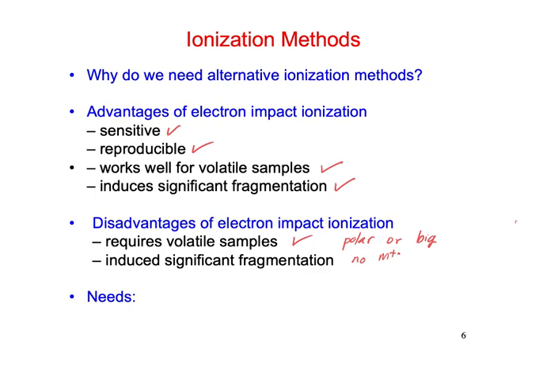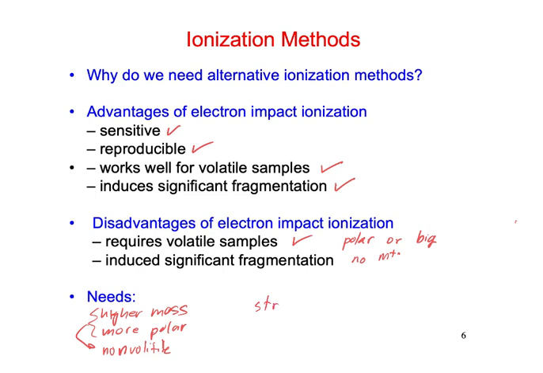Okay, so our needs. We want to be able to go to higher mass, more polar compounds, and both of these essentially add up to being non-volatile. So we want to be able to do mass spec on less volatile samples.